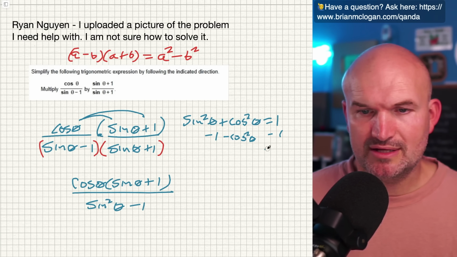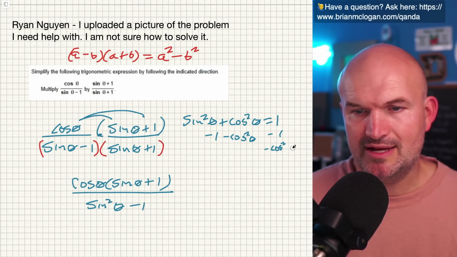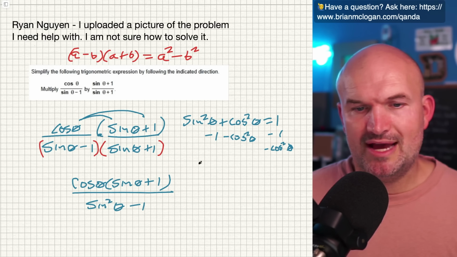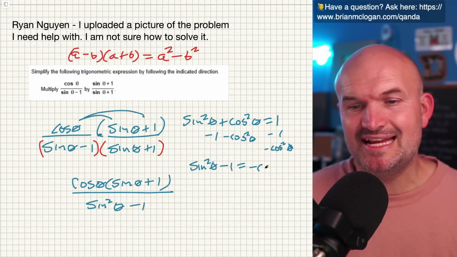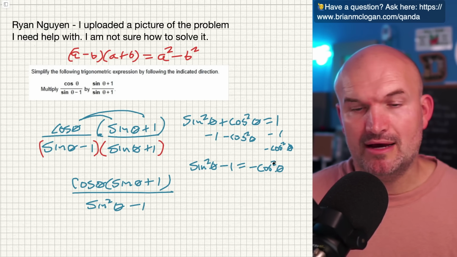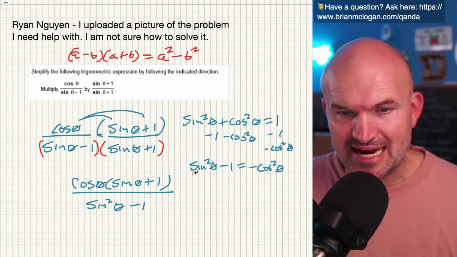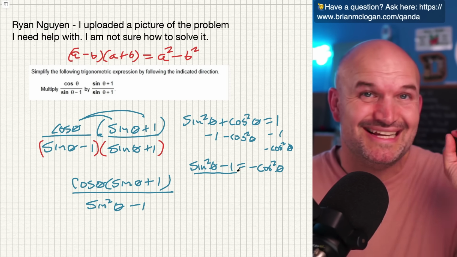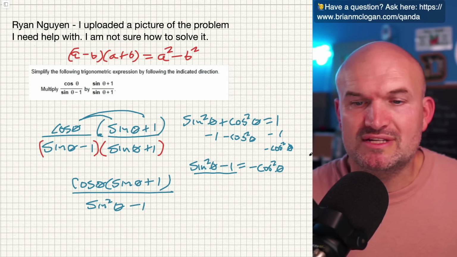So if I subtract a cosine squared of theta, then I'll have sine squared of theta minus 1 equals negative cosine squared of theta. So what that means is sine squared of theta minus 1 is equal to negative cosine squared of theta.